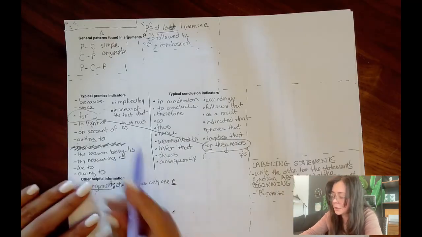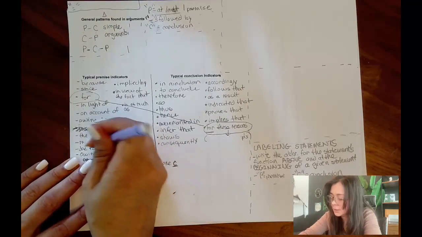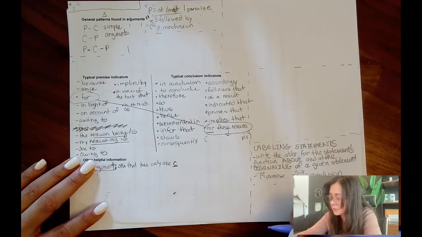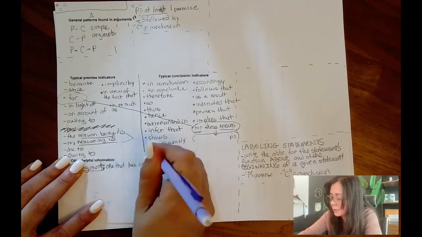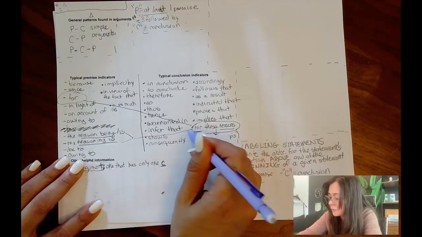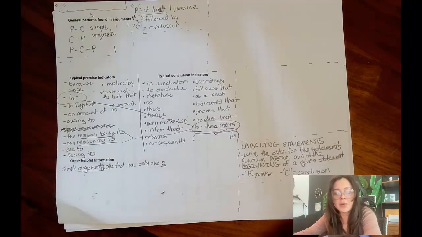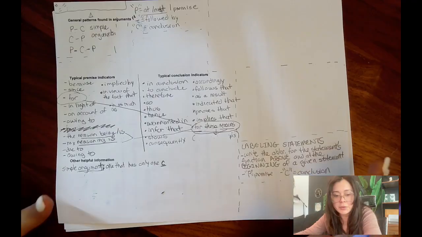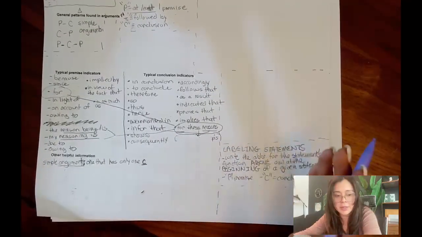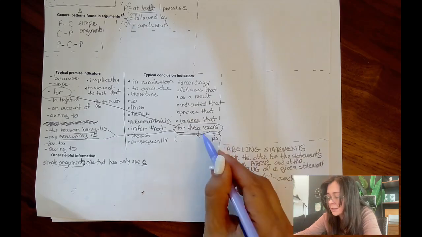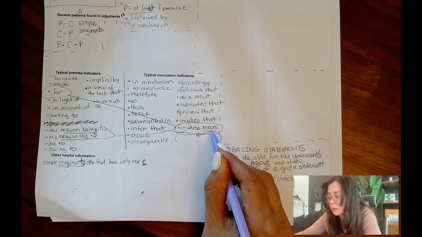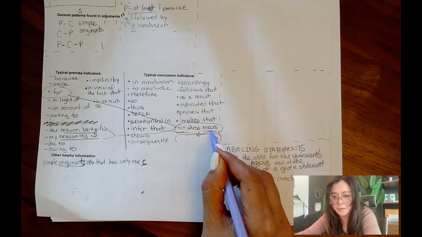Okay, so notice that this one says the reason being, the reason is. Okay, this also has the word reasons. So again, we have to be careful, right, when we are looking at these words. You have to slow down and really look at the words and the context they're in. Don't be so quick to jump to conclusions about a word and what it's telling you the function of a statement is. You might see the word reasons, but that doesn't mean that you are getting a premise or a conclusion in and of itself.